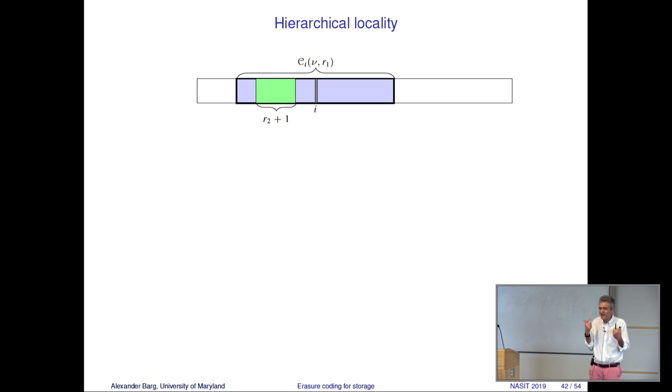What if we combine the functionalities? That is hierarchical locality. Namely, let us say there is a code. This is a codeword. Let us say that this blue-colored code is designed to correct some number of erasures, 2, 3, 4, but more than one.